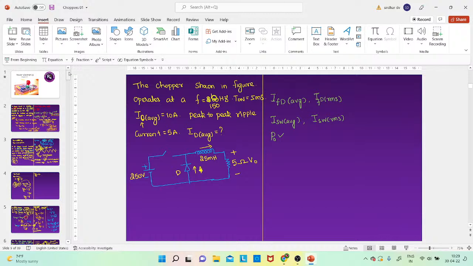For each and every chopper, I gave the generalized procedure: how to develop the output voltage expression and how to bring out the relation between all the parameters, like the peak to peak ripple current. If you understand how to evaluate one chopper, then you can automatically do it for all other choppers. You don't need to memorize anything, okay? But try to watch our lecture one more time if you don't remember anything or if you are stuck while solving the problem.